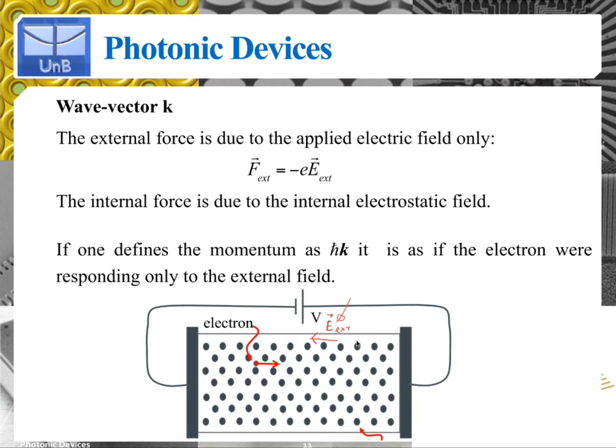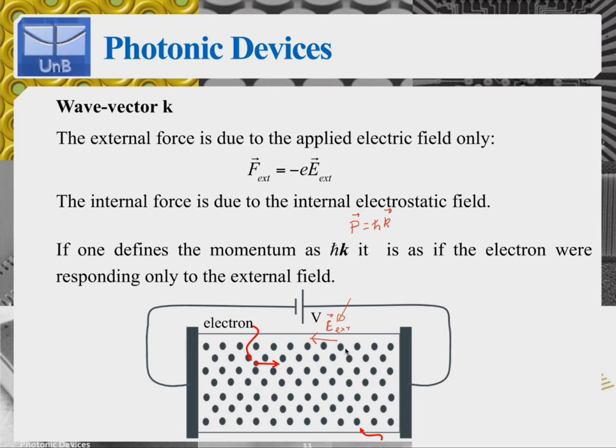Okay, so the point is that if we define the crystal momentum P as being h bar times the wave vector k, it is as if the electron were responding only to the external field. So we can treat this momentum as the momentum that the electron would have if only the externally applied electric field were acting on the electron itself.